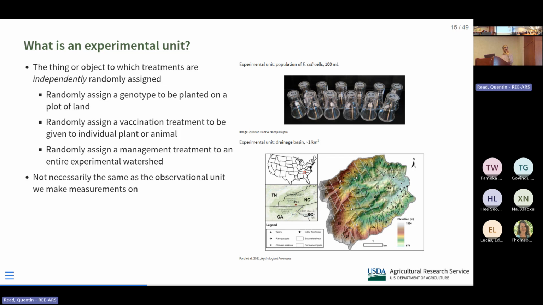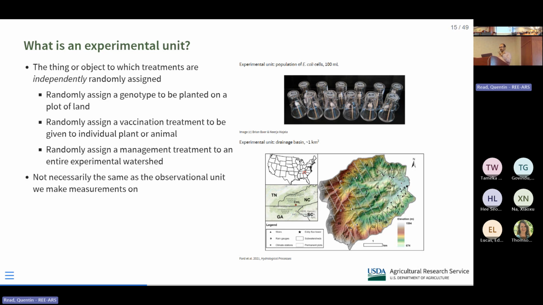And so the experimental unit, this is an important point to make, is not necessarily the same as the observational unit that we make measurements on. We were talking about this in the context of single cell omics, right? From each subject, you might get thousands or more of cells, and you have omics data on each of the cells. Well, you don't really have thousands of sample size now because those cells are not experimental units. They were not independently randomly assigned a treatment.